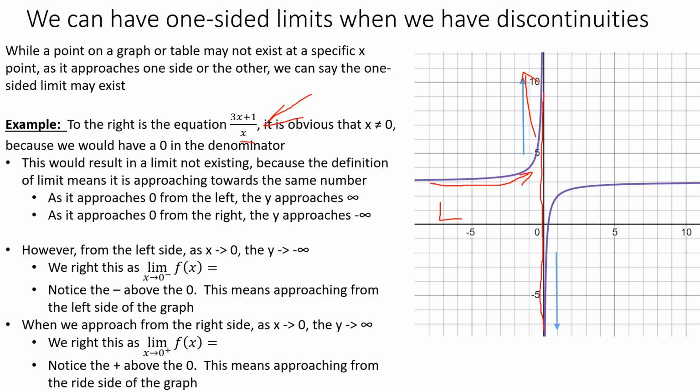As x approaches 0 from the left, and this little minus here means approaching from the left, not subtracting, that will equal infinity. As x approaches 0 from the right, closer and closer to 0, it goes to negative infinity. So notice this is going in two different directions. But I've stated the limit from the left, where there's a minus, and from the right, which is a plus.